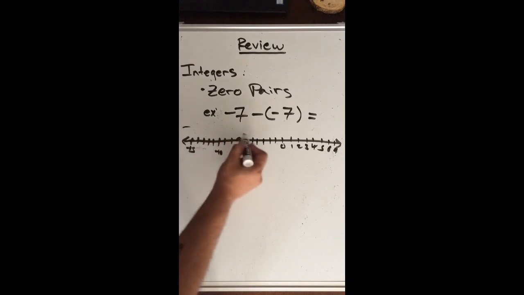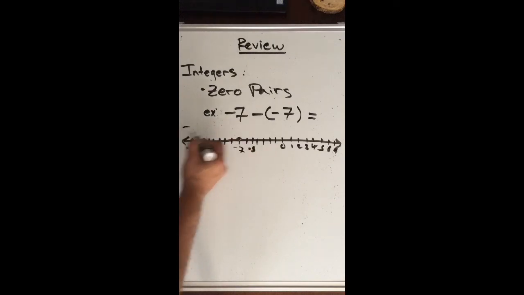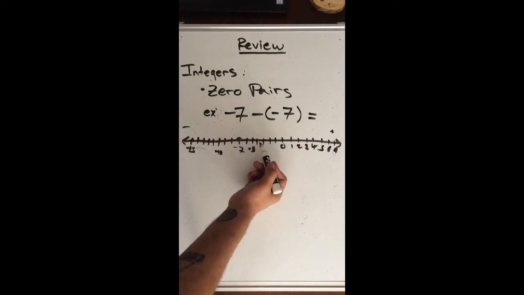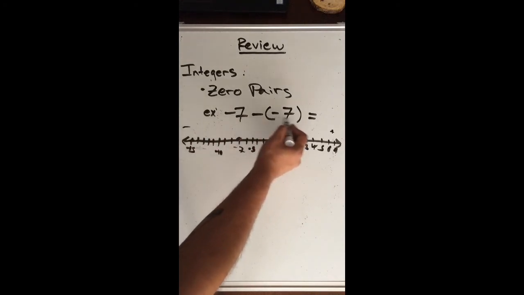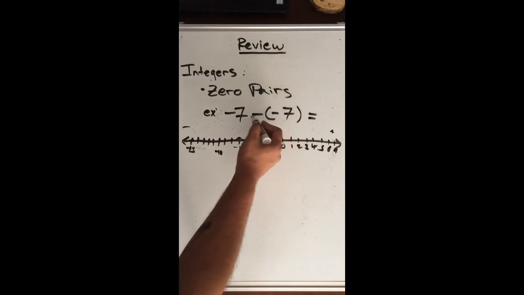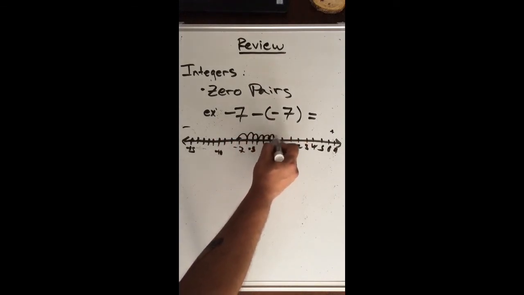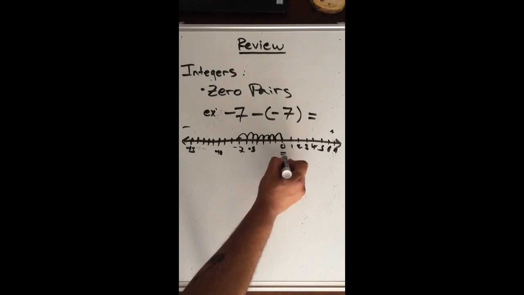And we're going to subtract negative 7. Well, we're doing the opposite of subtract. We're adding, because remember, this is negative, and the opposite of subtraction is addition. So we're actually going to go this way, 7. 1, 2, 3, 4, 5, 6, 7. And we get 0. That's interesting.